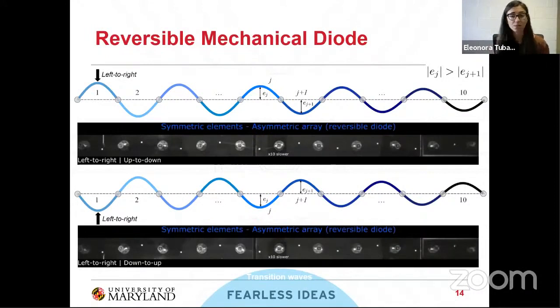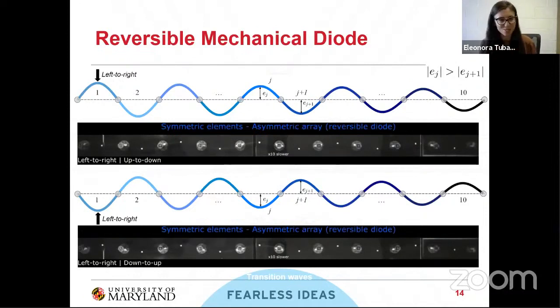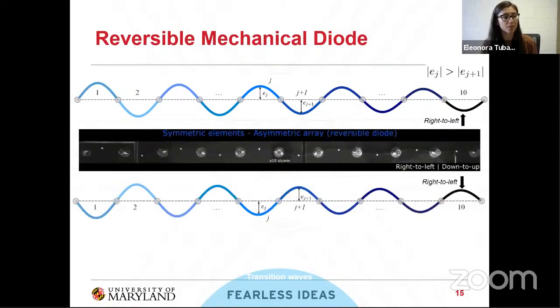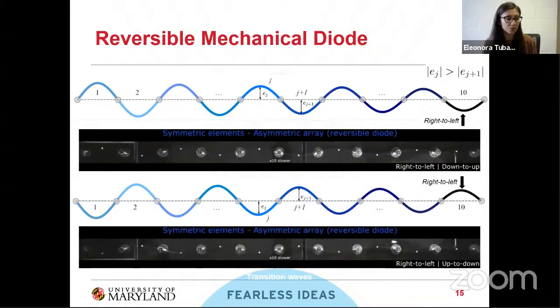As you can see, this can be done multiple times, and we can obviously increase the length of our system as well. Now, in order to prove that this is an actual diode, we need to show that if we indent our system from right to left, there is no signal propagating within the system. And this is exactly what we see. Same if we do it from down to up or from up to down.